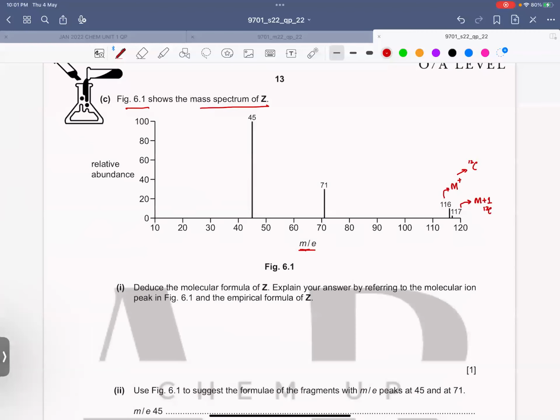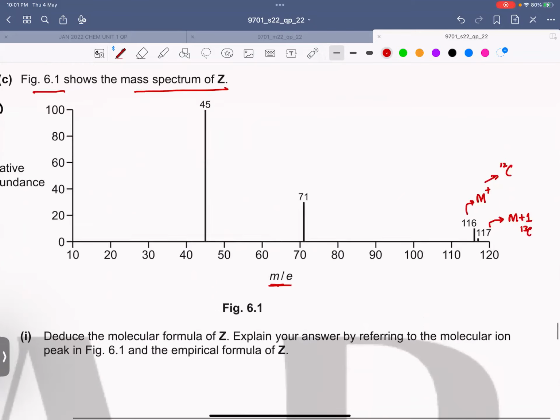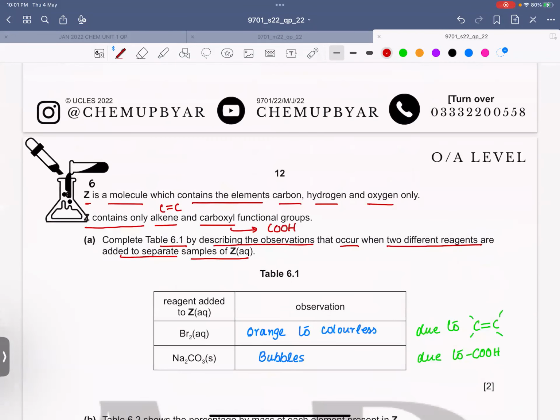Is this clear to everyone? You have to remember the two values, or the three signals, which are on the extreme right; they help you identify which peak is the M peak and which is the M plus 1 peak. For example, they have already mentioned that this compound has carbon, hydrogen, and oxygen.